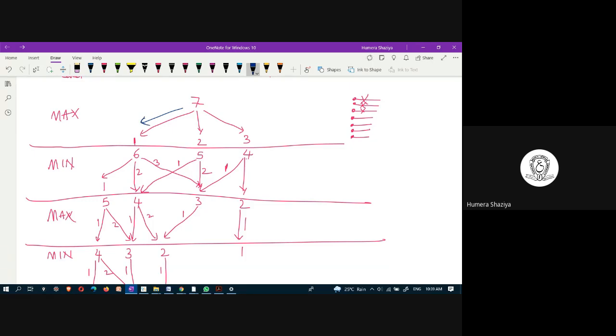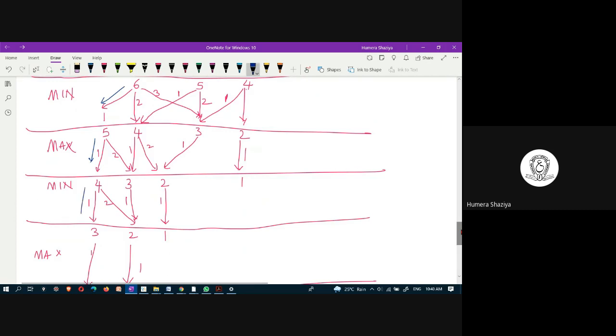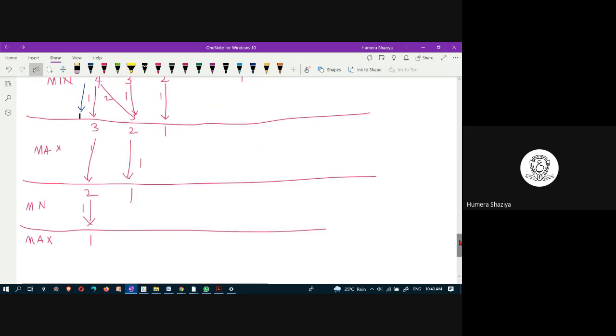And from 6, if Min picks 1, and Max chooses again 1, if Min chooses 1 again, means this is one game. If Max chooses 1 again, if Min chooses 1 again, then who has lost?